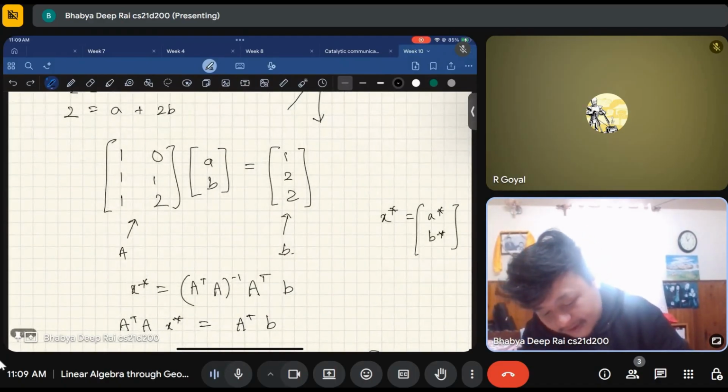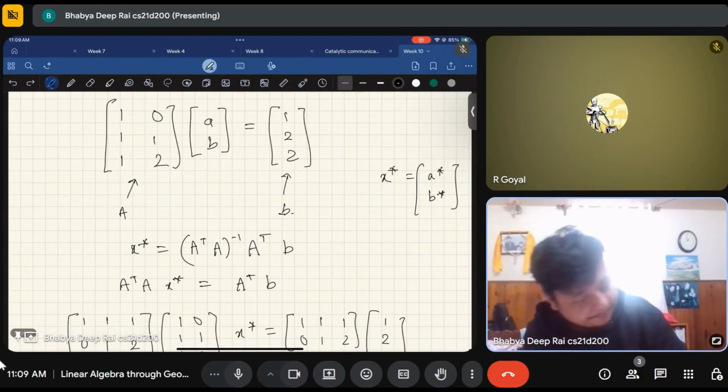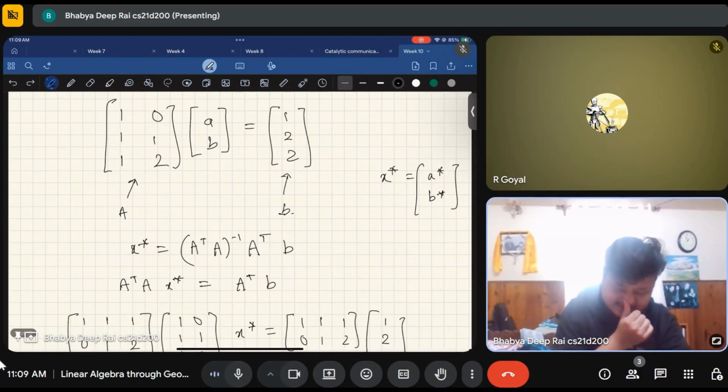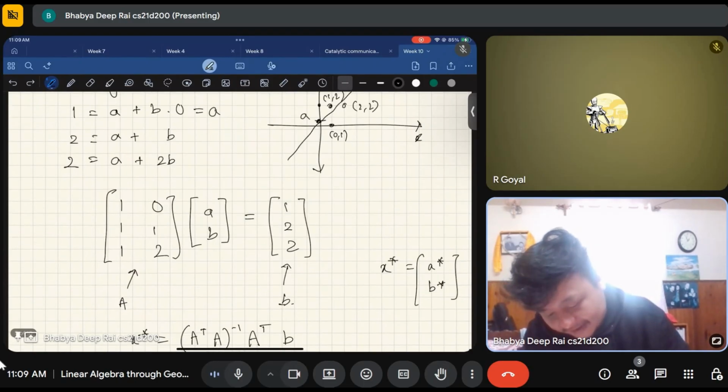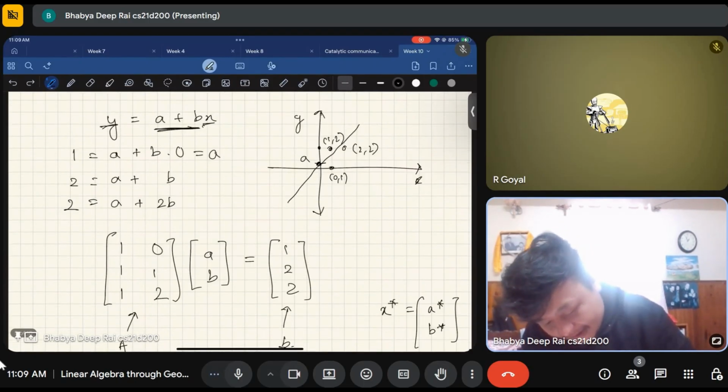So a hyperplane in higher dimensions. You'll have more factors here, so you'll have a plus b x1 plus c x2 plus d x3 and so on.